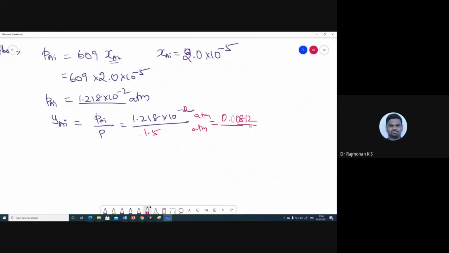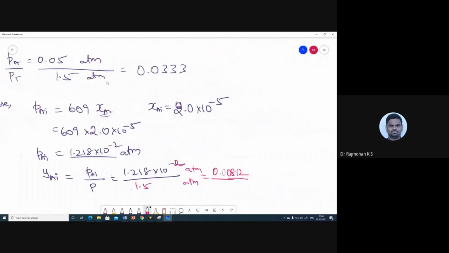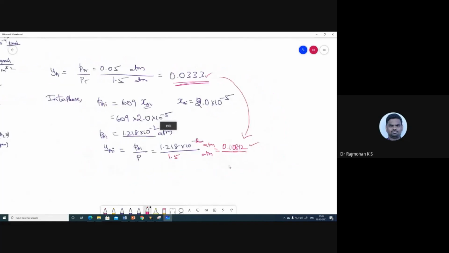Now we have Ya1 and Yai. Yai is there, which is lower. From that you can tell the direction of mass transfer. This is the bulk concentration, a high value, and this is a low value. Mass transfer will take place from higher concentration to lower concentration, or higher mole fraction to lower mole fraction, right?